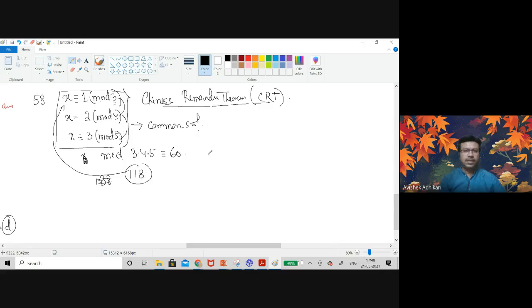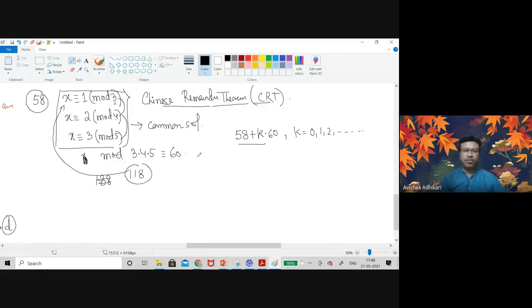So you can understand that if 58 is a solution, then anything like 58 plus k times 60, if I vary k equal to 0, 1, 2, and so on, each of them will also be a solution of this system of congruence equations. That means this system has infinitely many solutions.